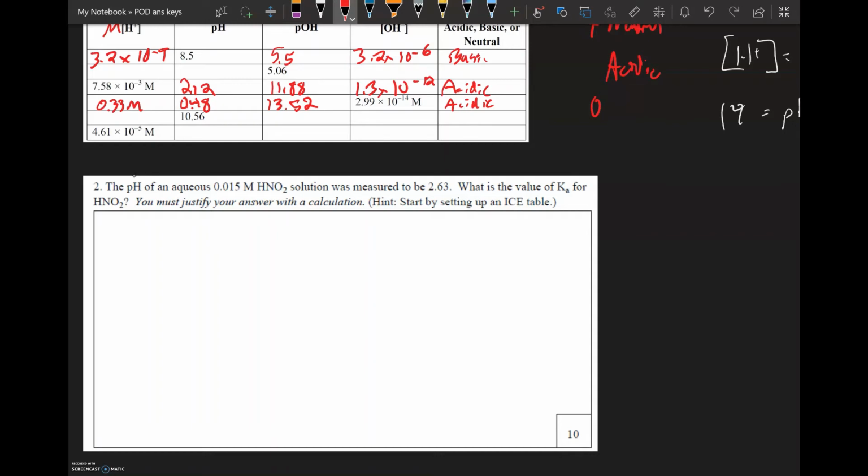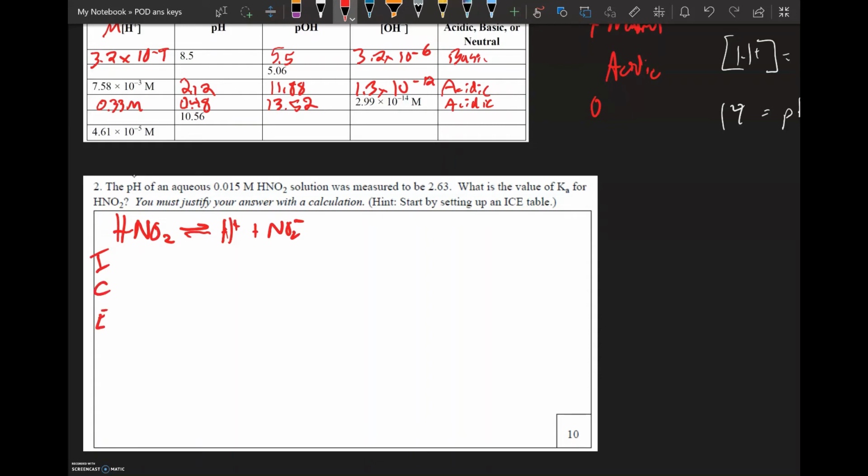So, they give you the pH of the solution, which you can use to determine the hydrogen concentration. Now, HNO2 is a weak acid. HNO3 is a strong acid. So this is going to form an equilibrium. All right. And what we're going to do is write out the ICE chart to help with establishing the different variables.